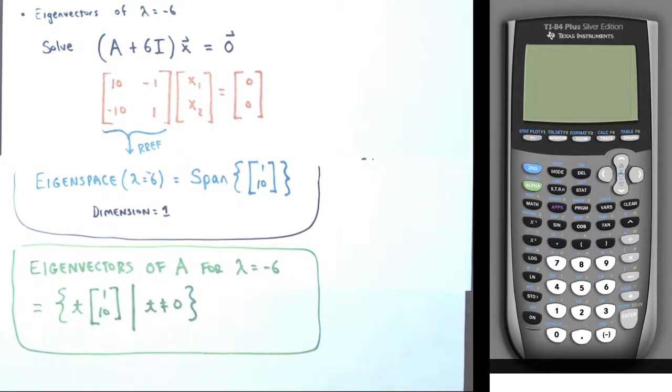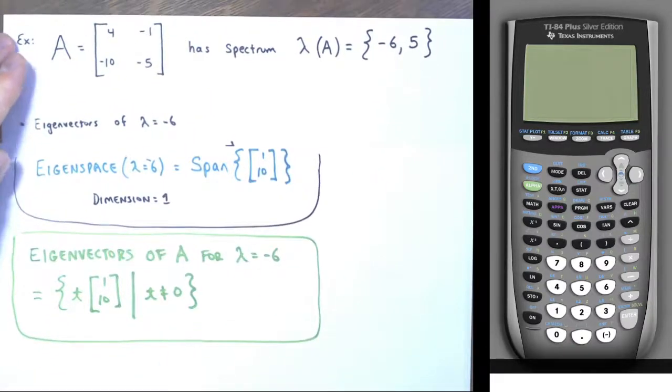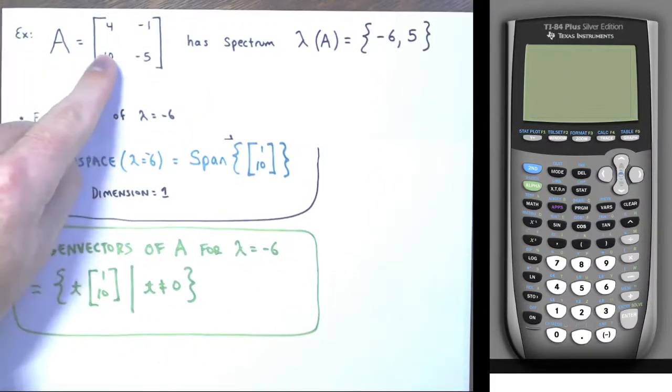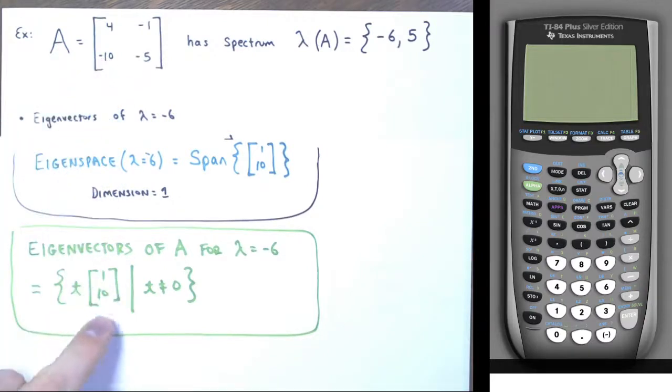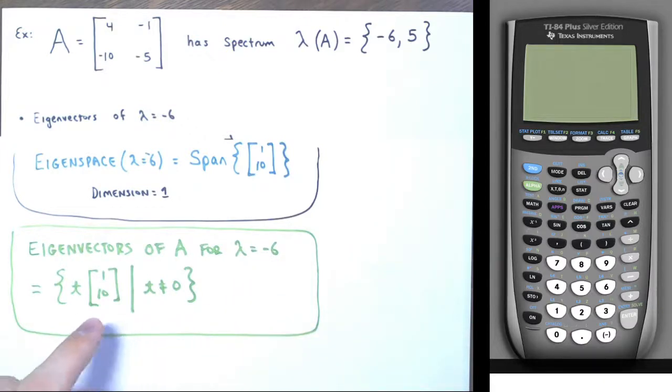All right. And you can double check this. I'm not going to write this out this time, but take the matrix and multiply it by (1, 10). And then your output should be the same as -6 times the vector (1, 10).